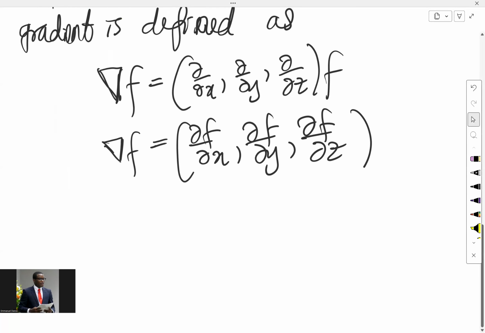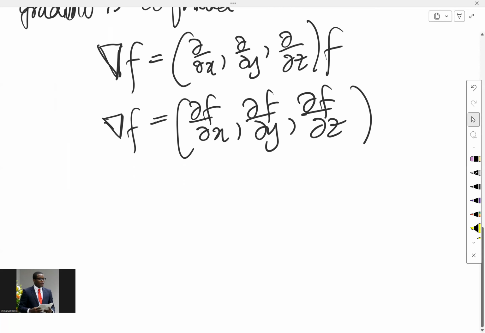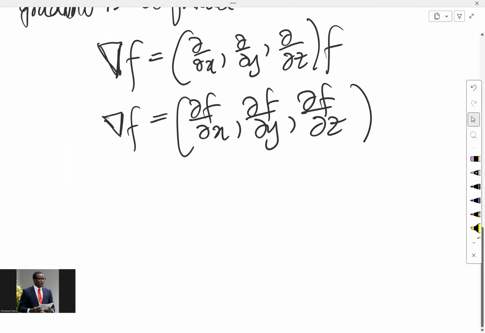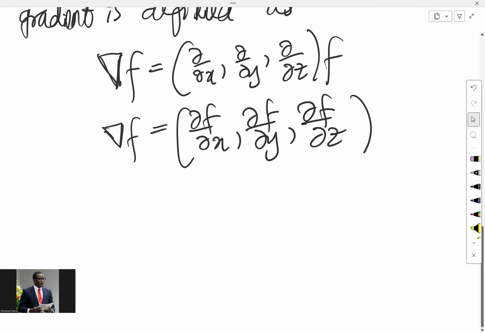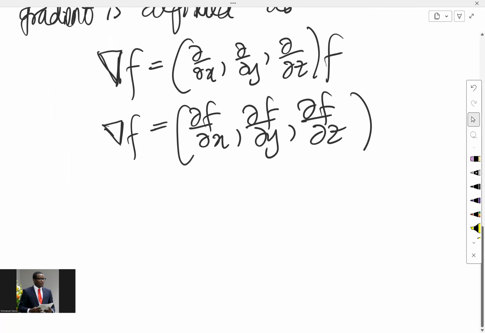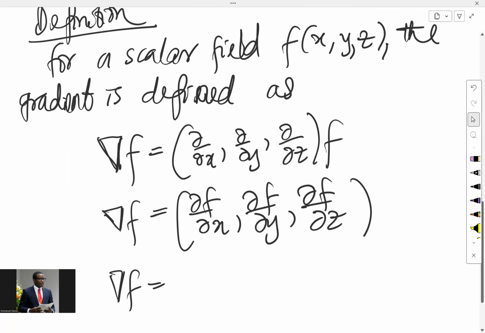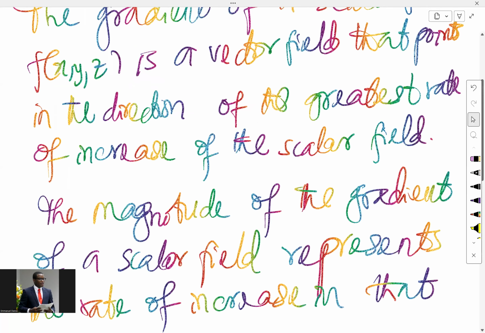To drive the point home, saying all this is exactly saying this. Another representation is a vector, since the gradient of a scalar field is a vector field.